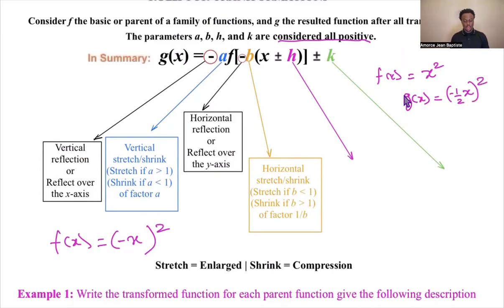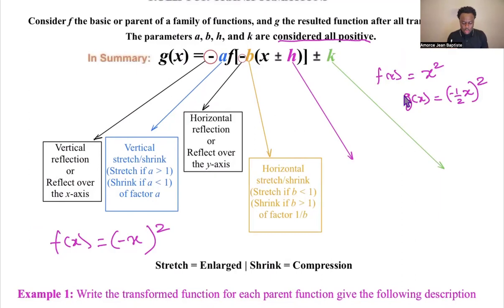Well, you see that the negative 1/2 is B. Why? Because it multiplies the x prior to the square, because the square is my actual function. That's why it's quadratic.